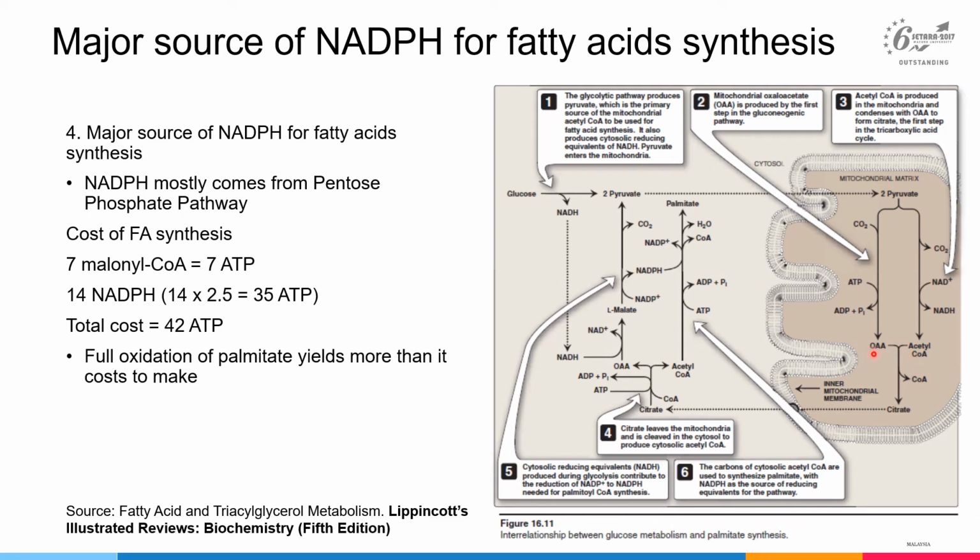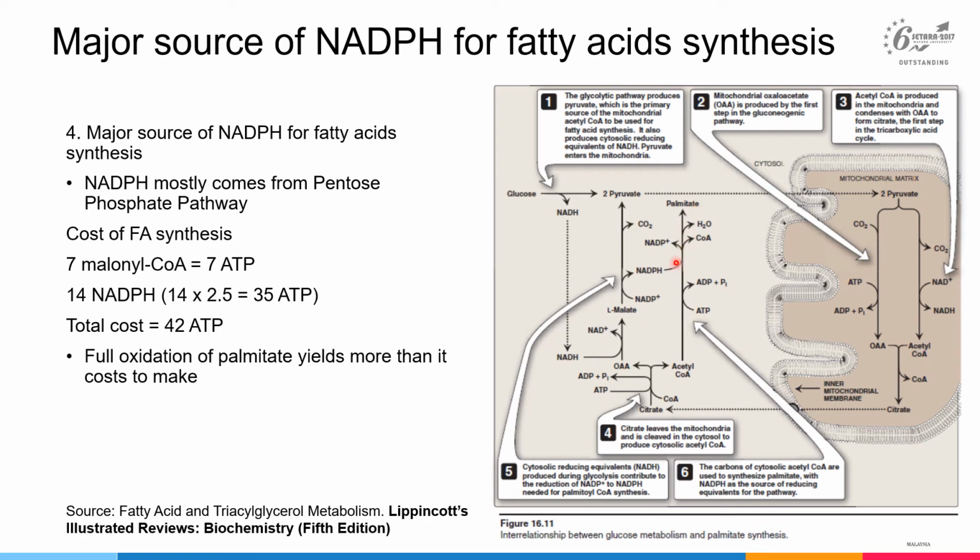Here, the oxaloacetate will be fused together with acetyl-CoA, forming citrate, so that it can exit the mitochondrial matrix into the cytosol. Inside the cytosol, the citrate will be broken down, so we get our acetyl-CoA back. Now the acetyl-CoA will go through the reactions that we discussed earlier to eventually form a 16 carbon long fatty acid chain known as palmitate.